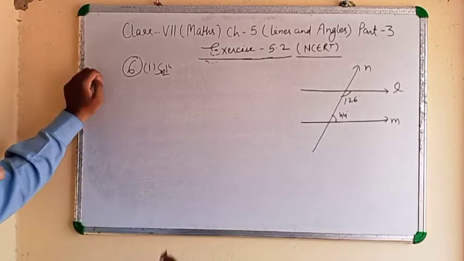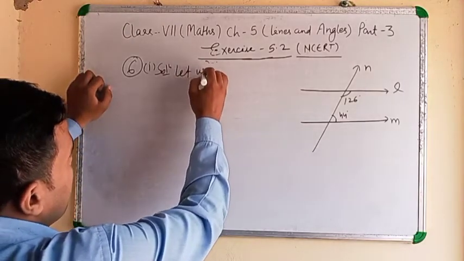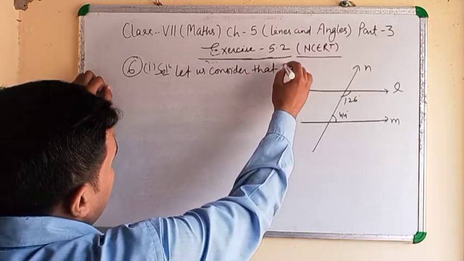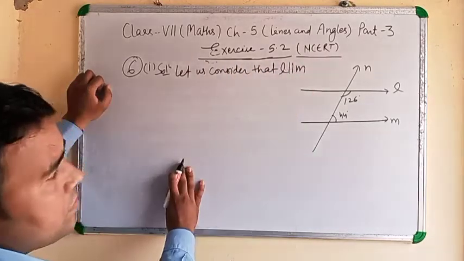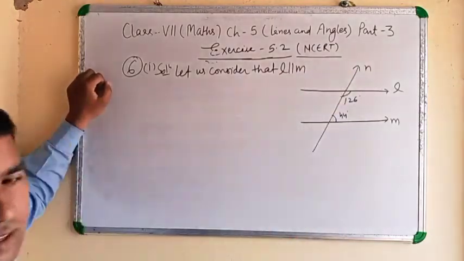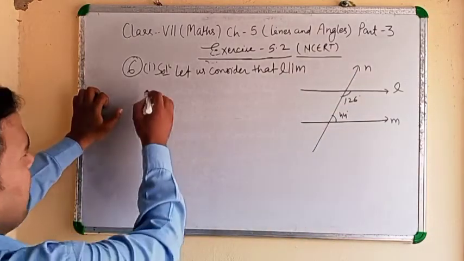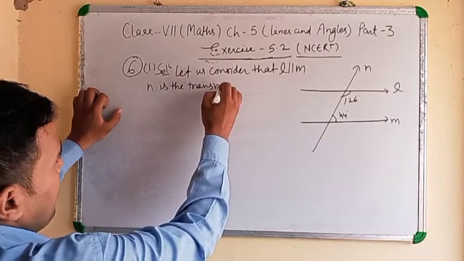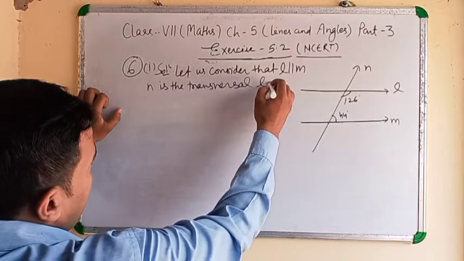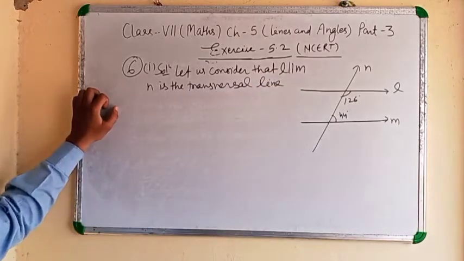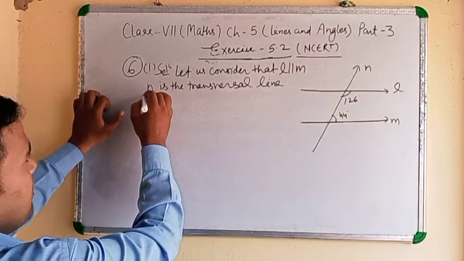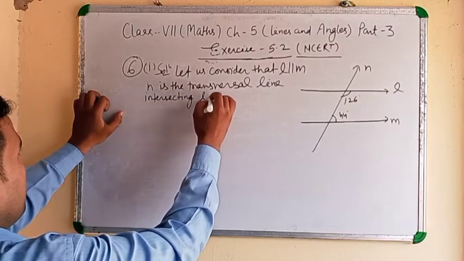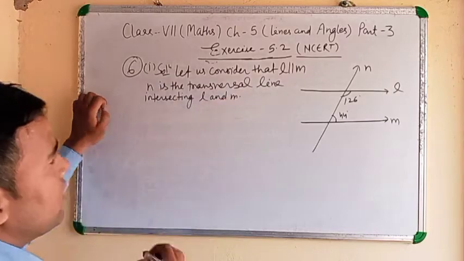First of all, we will write, let us consider that L parallel M and N is the transversal. N is the transversal line intersecting L and M. Clear?